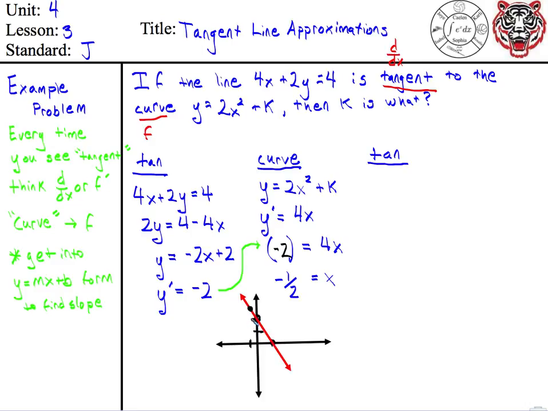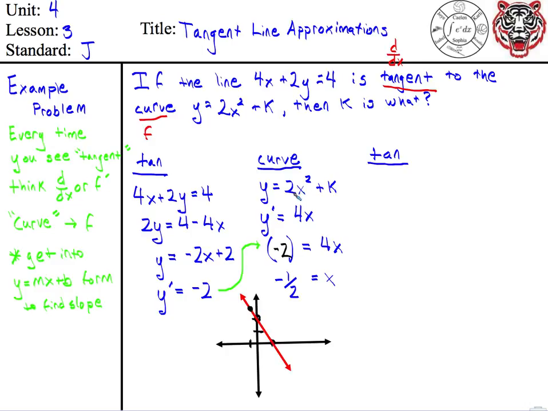So let me repeat what's going on here. We have this tangent line, and we're trying to find the x-coordinate of the curve that has the same slope. We know it has the same slope at this point, so I'll sketch it in blue, it touches at this point but nowhere else.